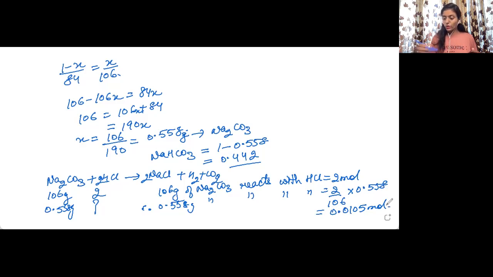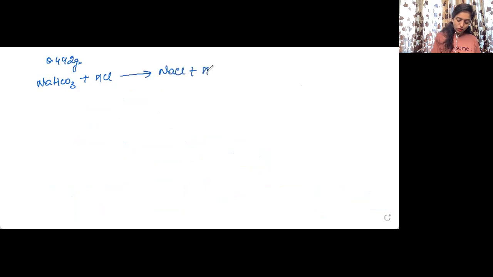Now let us find out how much will be required for sodium bicarbonate, which is 0.442 gram. For sodium bicarbonate, the balanced chemical equation is NaHCO3 plus HCl gives NaCl plus water plus carbon dioxide. It is already a balanced chemical equation.